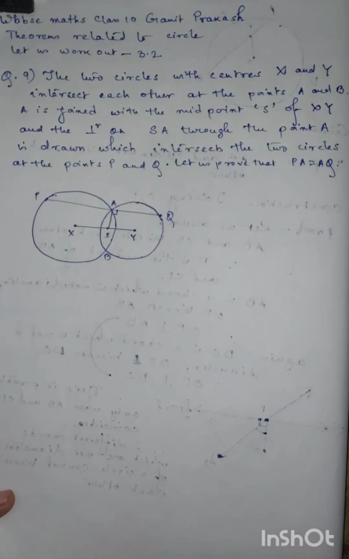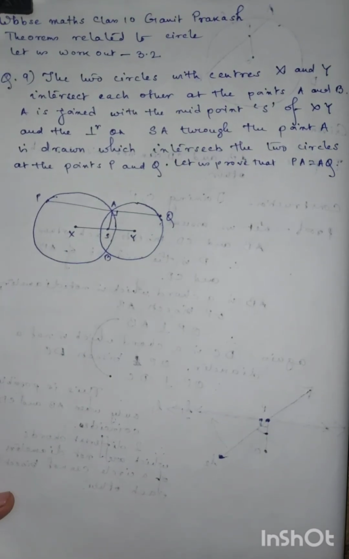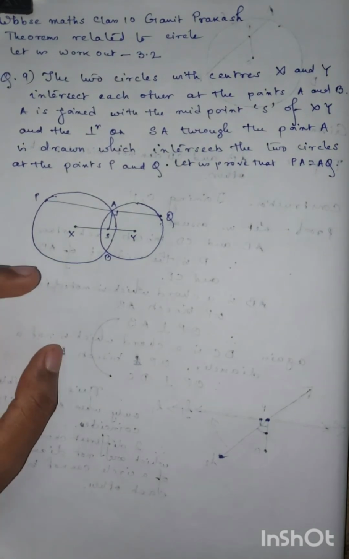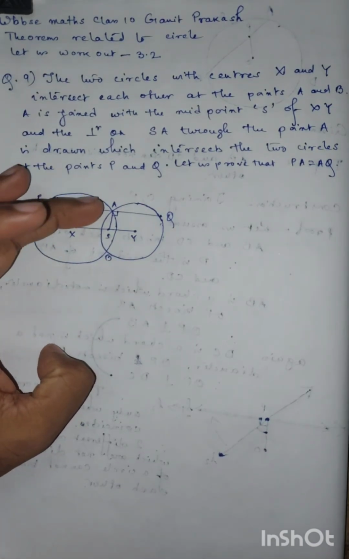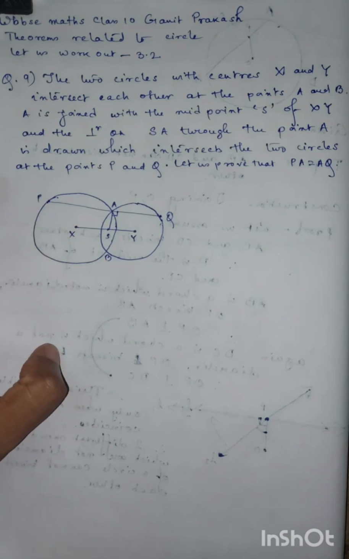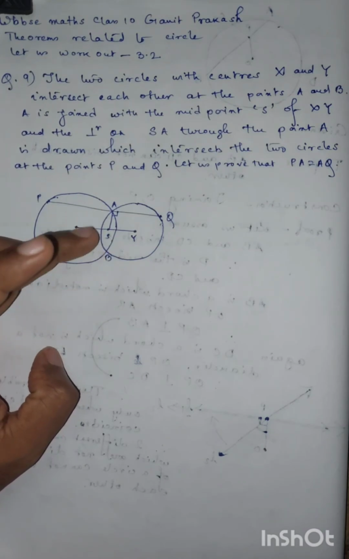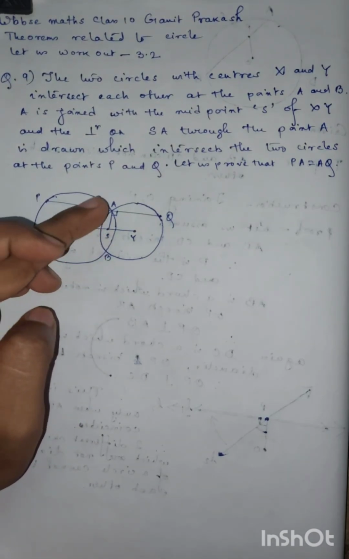Question number 9 says the two circles with centers X and Y intersect each other at the points A and B. A is joined with the midpoint S. So we have two circles with centers X and Y. They intersect at points A and B. A is joined with the midpoint of XY, which is S. So AS, and a perpendicular on SA.